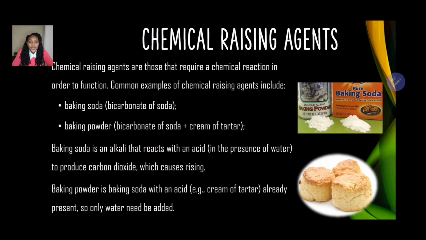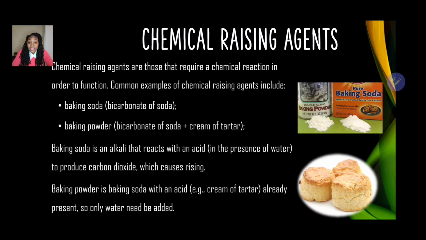Good. Now let us look at chemical raising agents. Chemical raising agents are those that require a chemical reaction in order to function. Common examples of chemical raising agents include baking soda, also known as bicarbonate of soda, and baking powder.